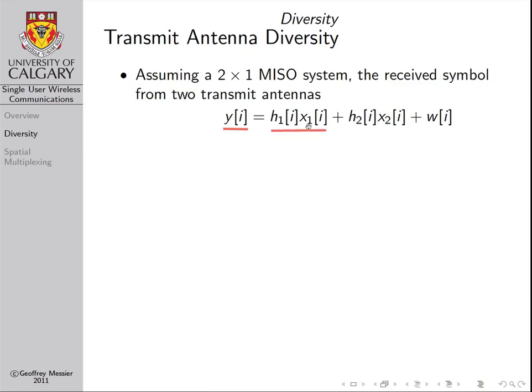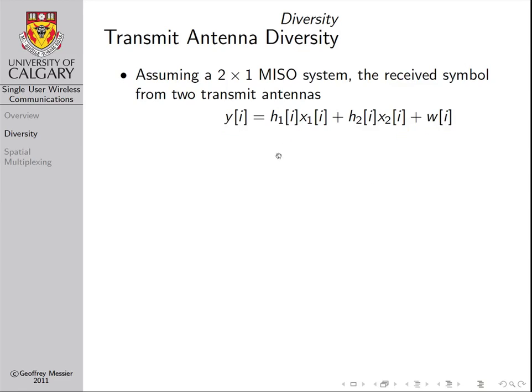So X1 is the information symbol transmitted by the first antenna. H1 is the fading between the first antenna and the receive antenna. The second term, the symbol X2 from the second antenna, is multiplied by the channel fading term H2 between the second antenna and the receive antenna. And we just have one additive noise term corrupting the received symbol.